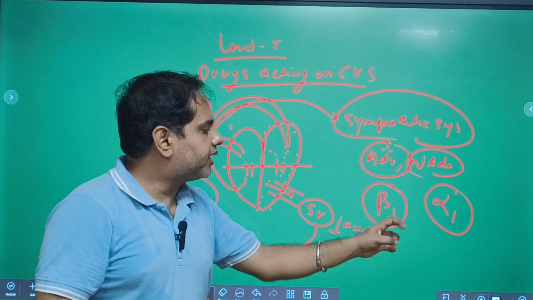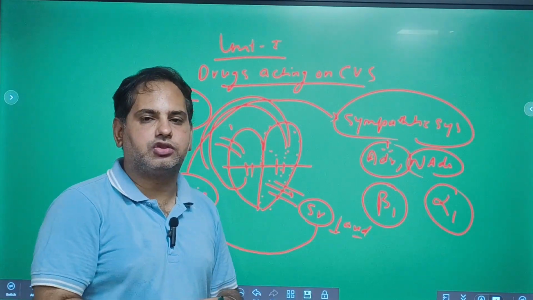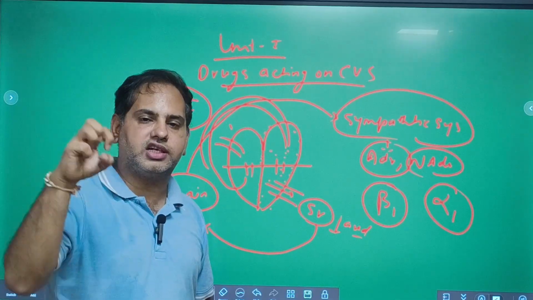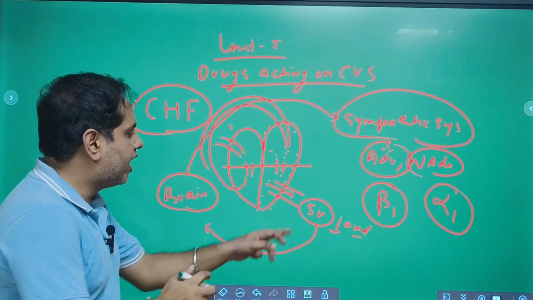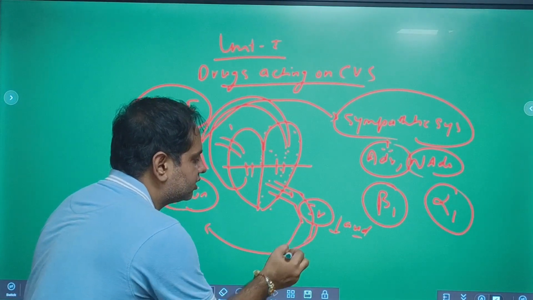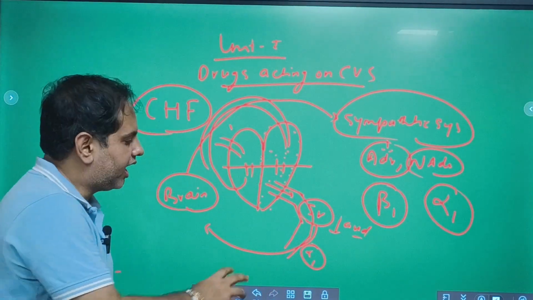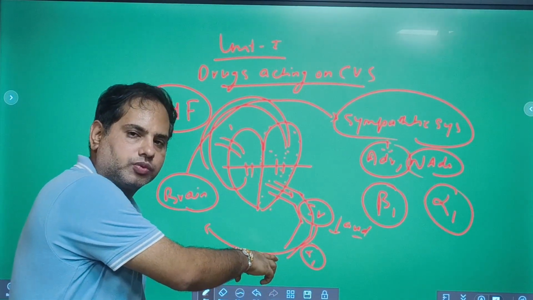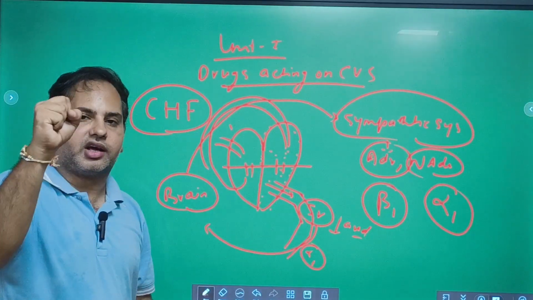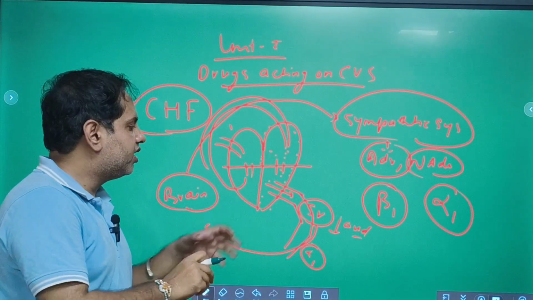Because alpha 1 receptors of the sympathetic system are not present only on the venous smooth muscle, they are present on arteries as well. So these are your arteries, the aorta, then arteries. When your sympathetic system is activated, it acts on the alpha 1 receptors on the arterial smooth muscles, so these arteries will constrict.